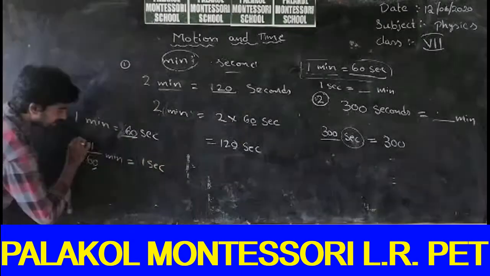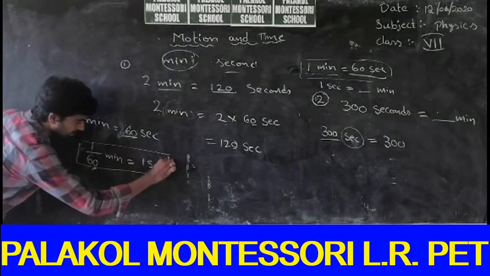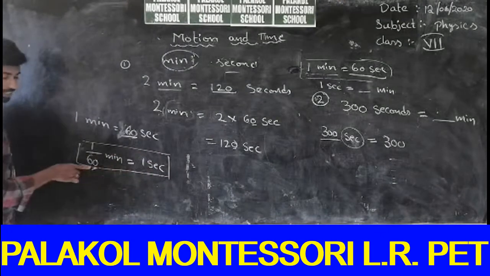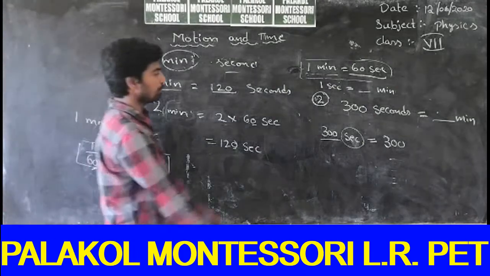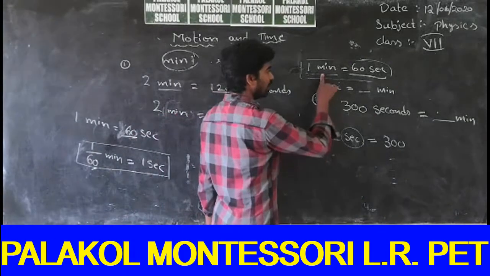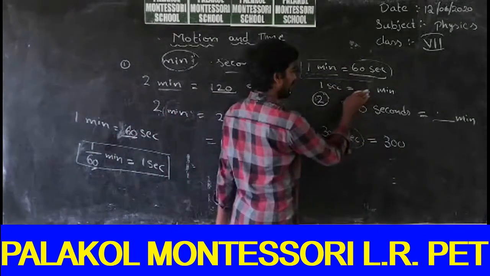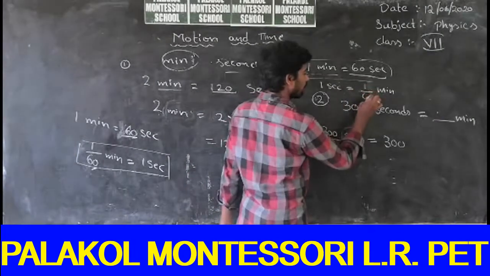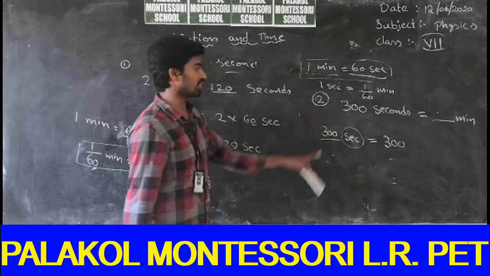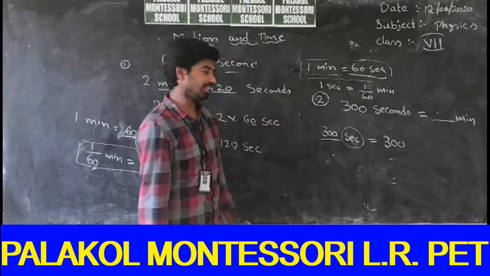So 1 second is equal to 1 by 60 minutes. So the conversions are 1 minute is equal to 60 seconds and 1 second is equal to 1 by 60 minutes.